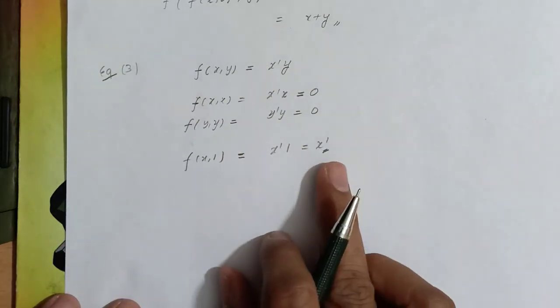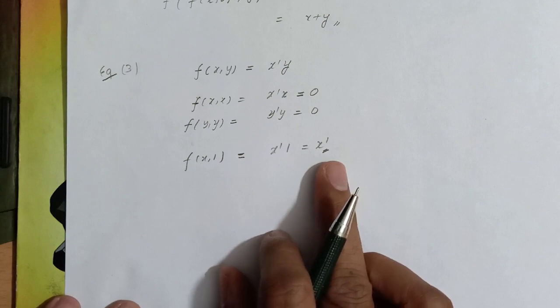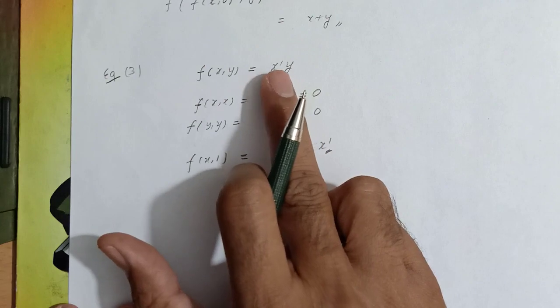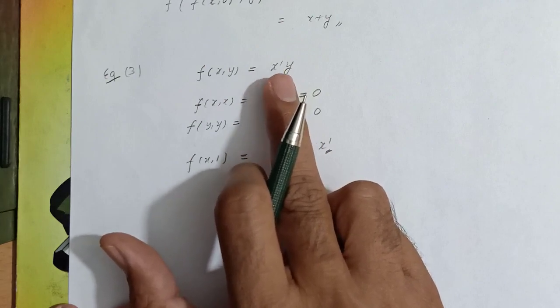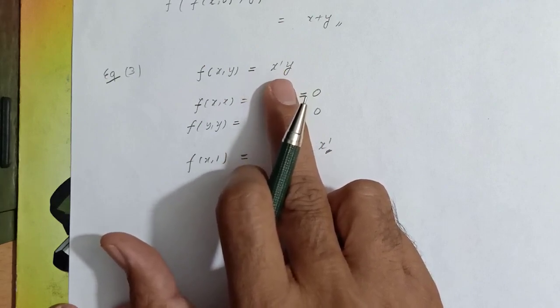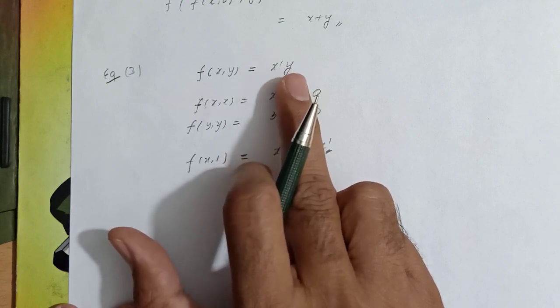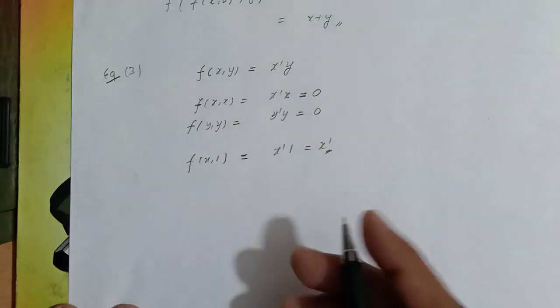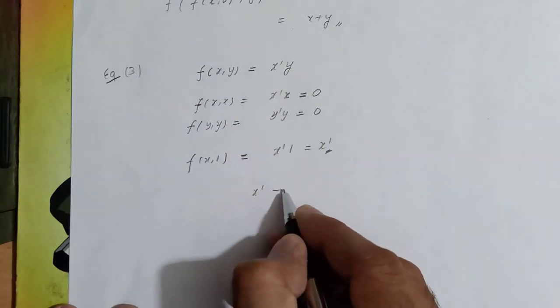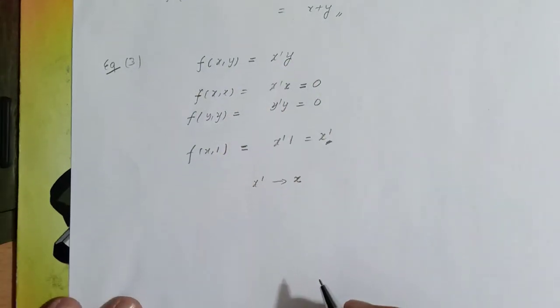So now we will try to generate either and or or operation. So here from the expression it is clear that it is easy to generate and operation. So for generating and operation, we have to somehow make x dash as x. How we can do this?